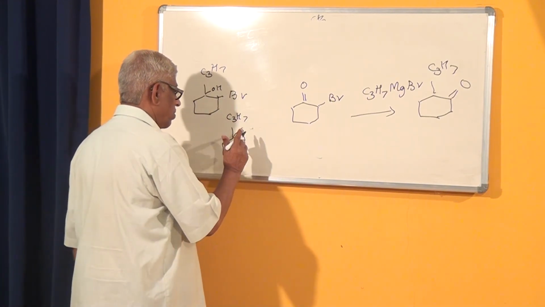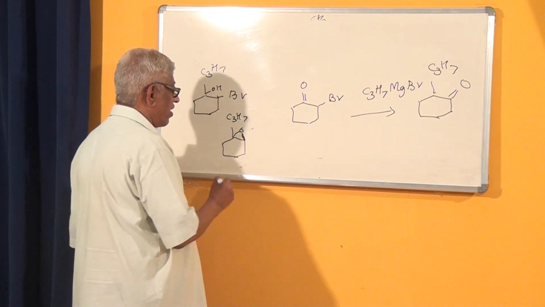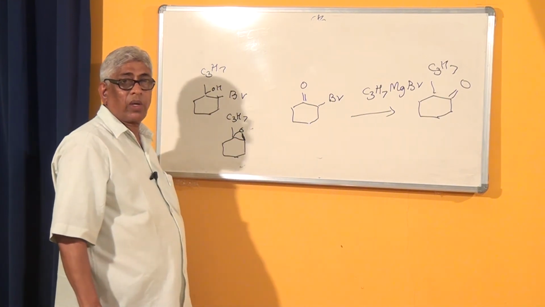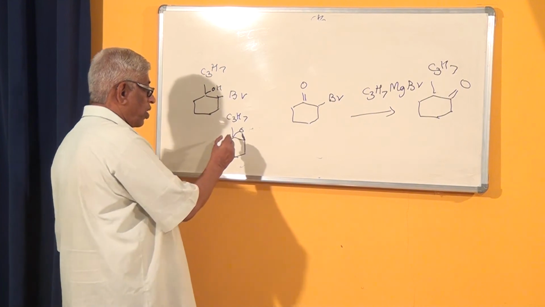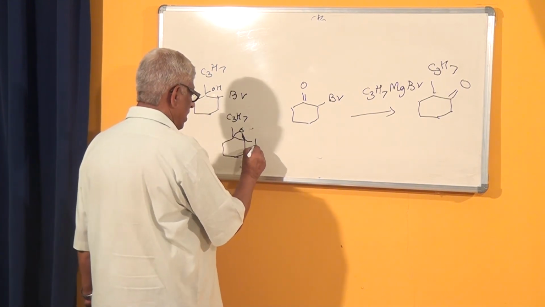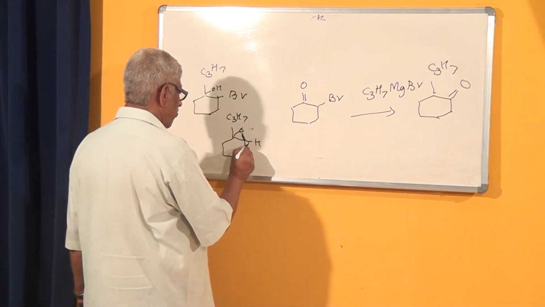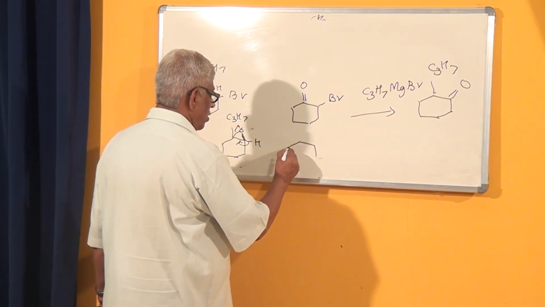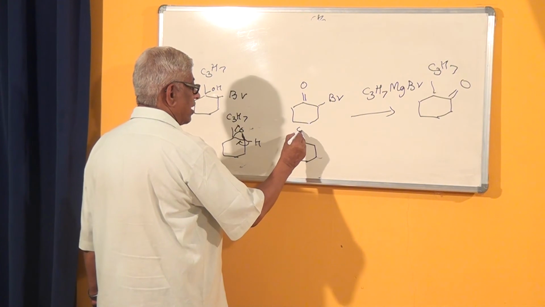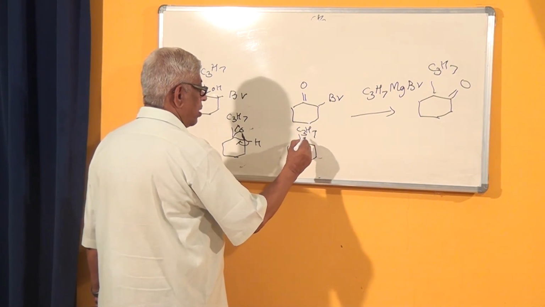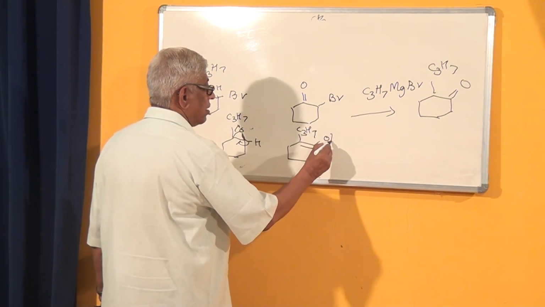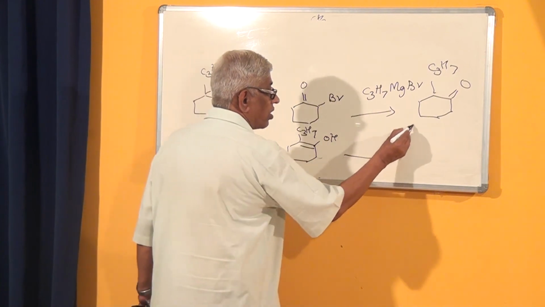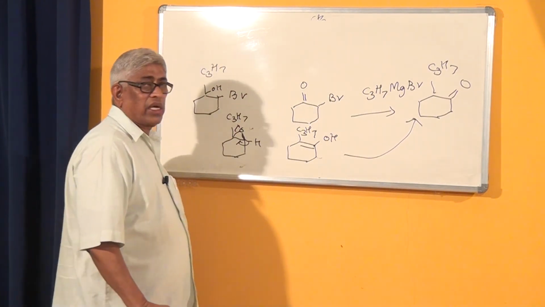That is where you can classify it as a 1,2 addition to the carbonyl group. Now the epoxide can open up in the presence of a base to form a double bond and an enol. You end up with C3H7 double bond OH, which on tautomerism gives a ketone.